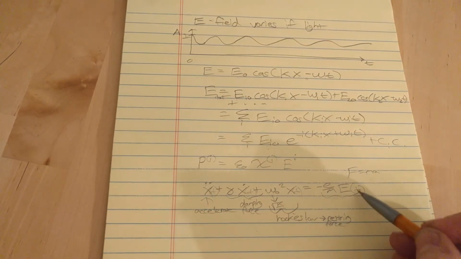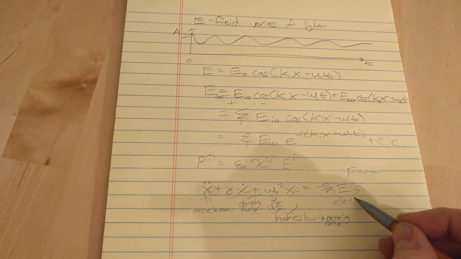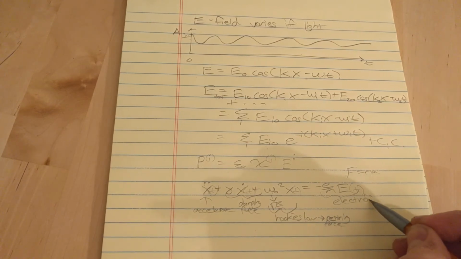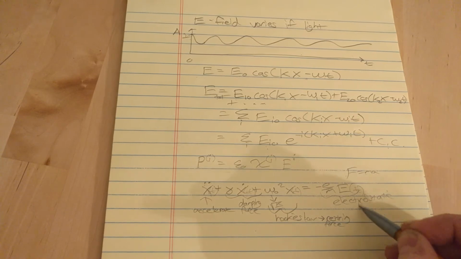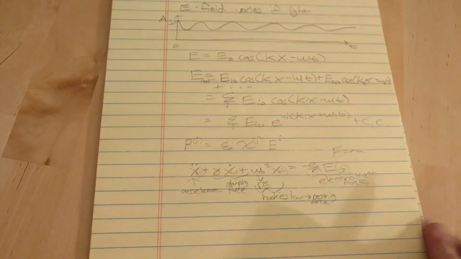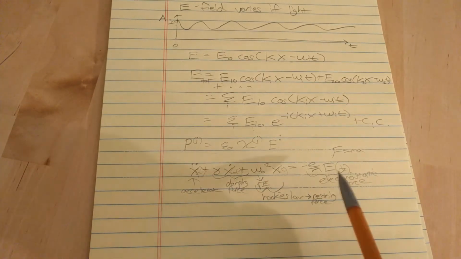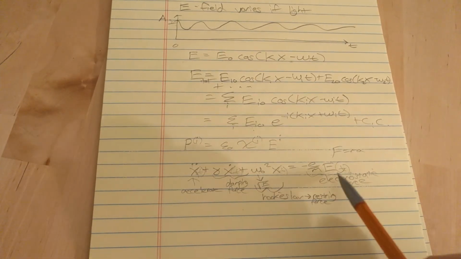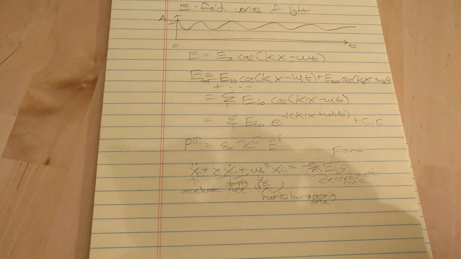And this term is the electrostatic force, and comes from Coulomb's law. So that's how you get this driven damped harmonic oscillator equation out of F equals ma.